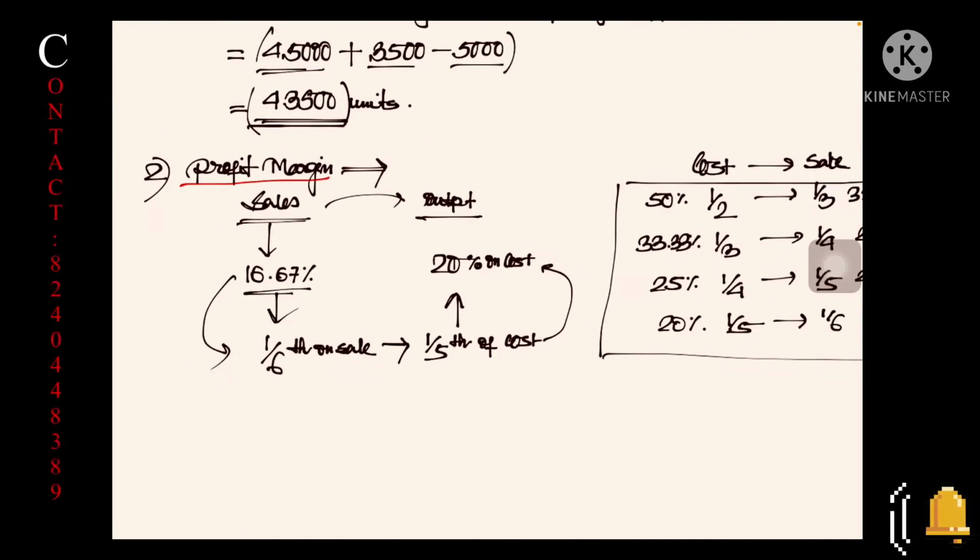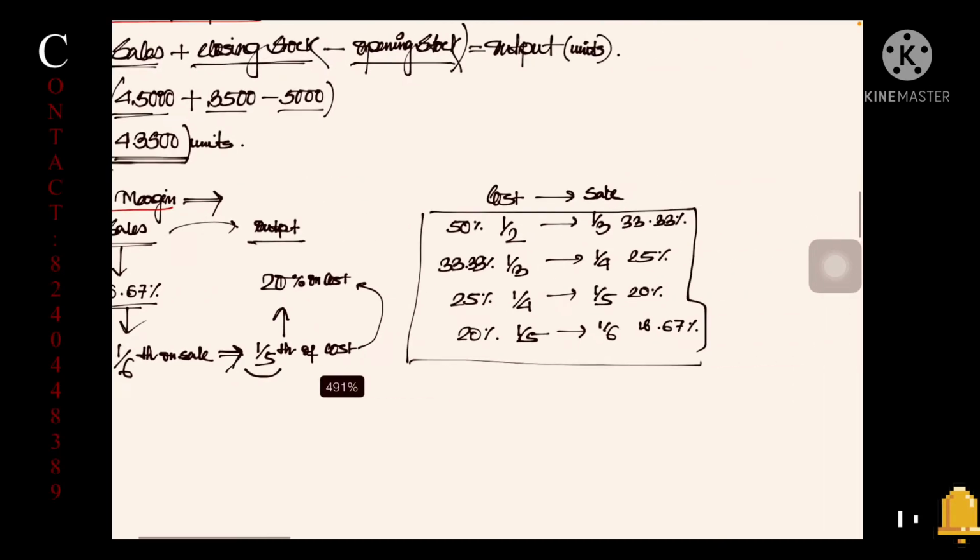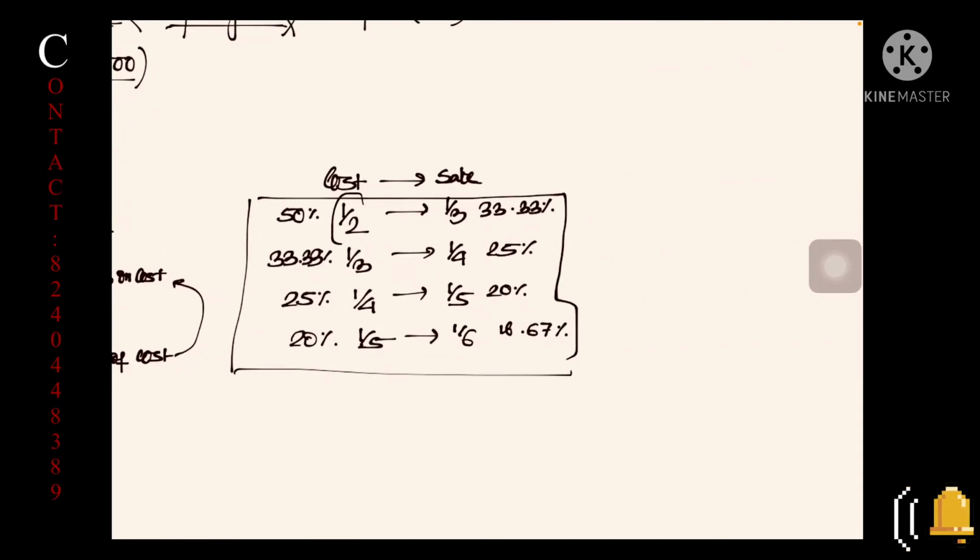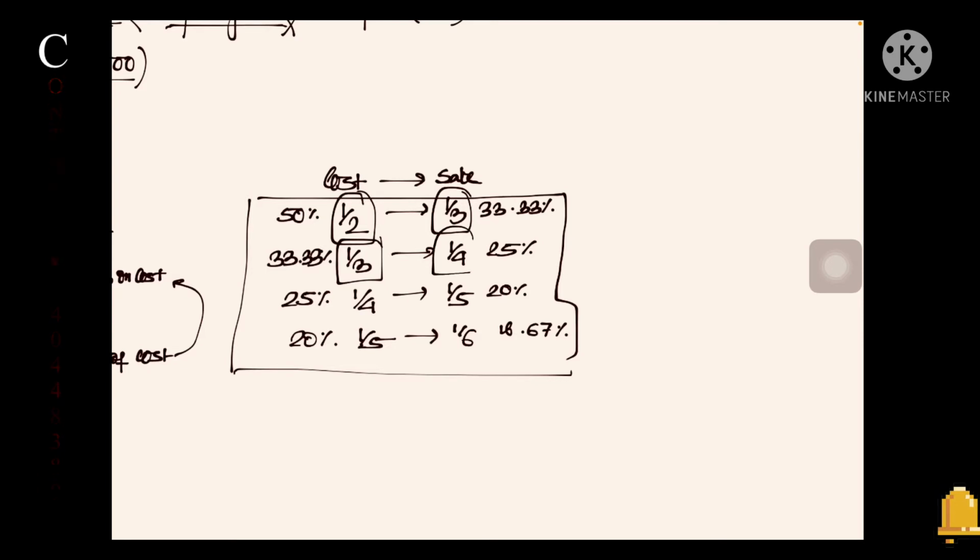16.67% means 1/6 of sales, and if you convert it to cost, it becomes 1/5 of cost, because there is a relationship. If it is 1/2 on cost, it will be 1/3 on sales. If it is 1/3 on cost, it will be 1/4 on sales. If it is 1/4 on cost, it will be 1/5 on sales.